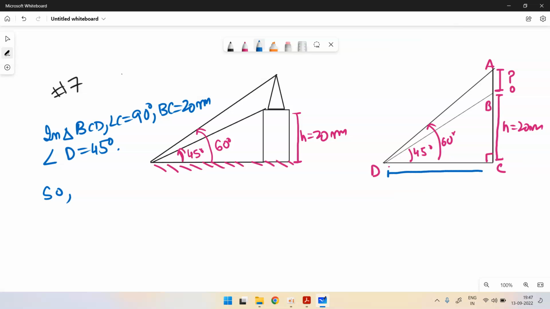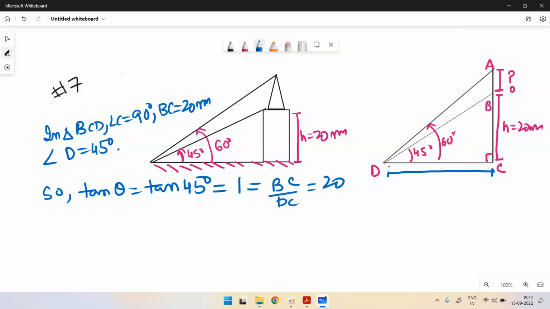If you want to know DC, since BC is given, we use tan theta, which is perpendicular by base. Here theta is 45 degrees, so tan 45 degrees equal to 1 is BC by DC. BC is given to be 20 meters, so 20 by DC equals 1, which implies that DC equals 20 meters. So you have calculated this as 20 meters.